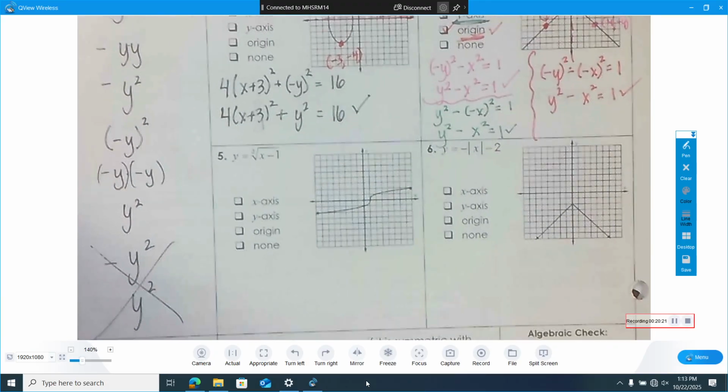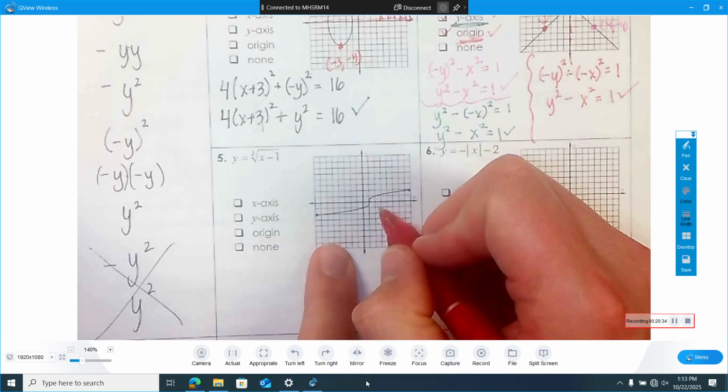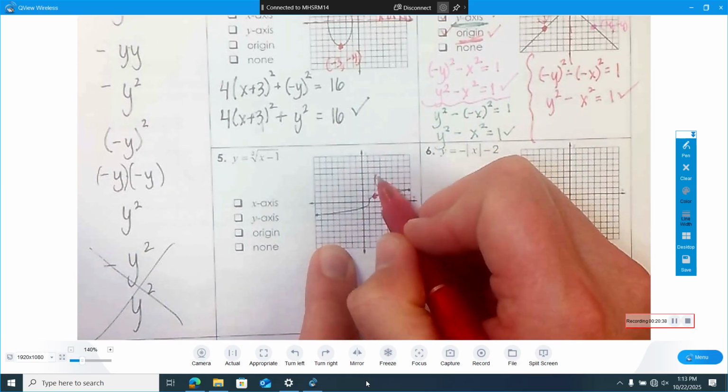Number 5. What kind of symmetry? None is correct. If you look, here's the point 2, 1.